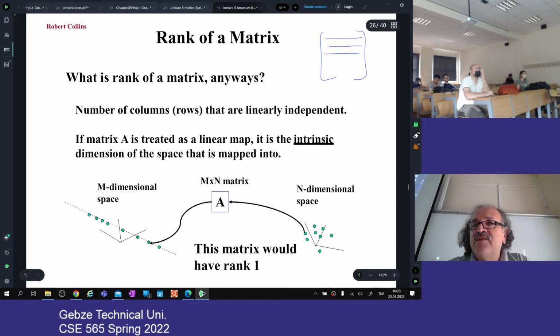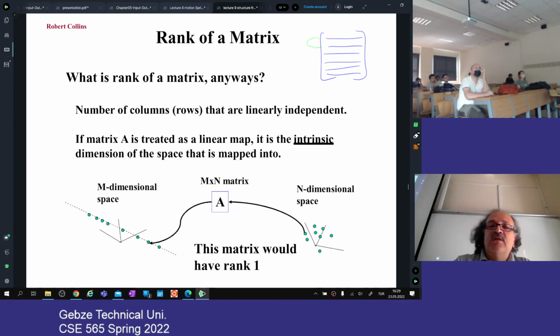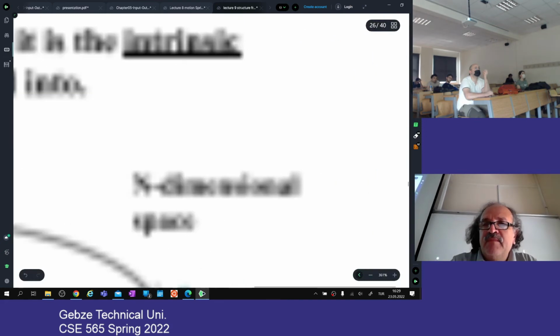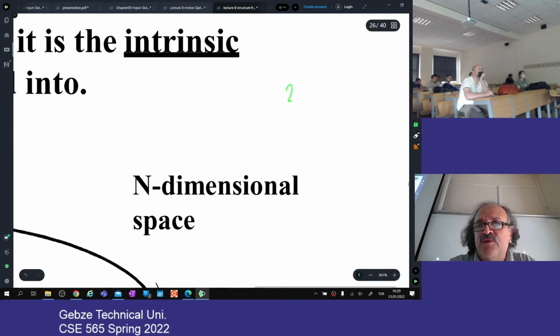If I can represent these two rows with a linear combination of other rows, then that means that they are linearly dependent. So let's say I have these numbers 2, 3, 4, 5.